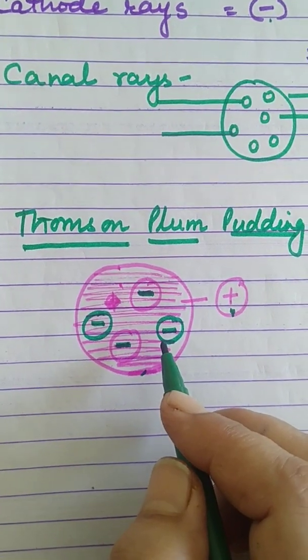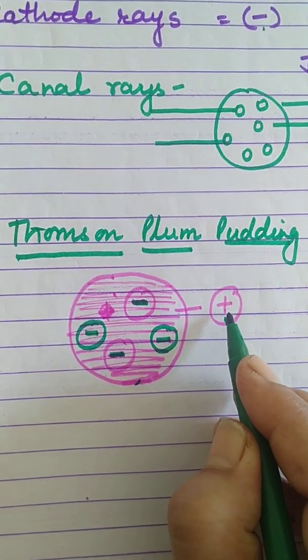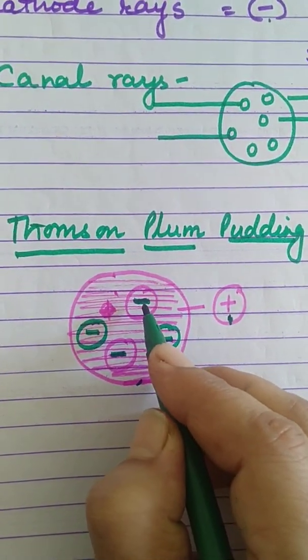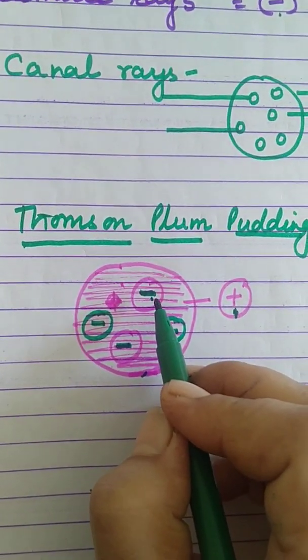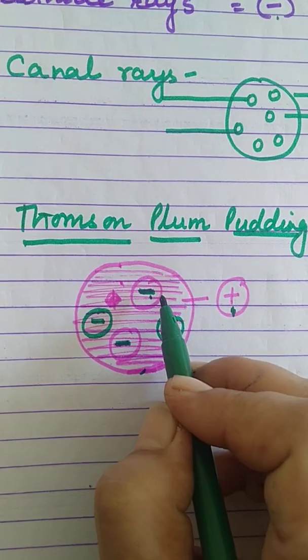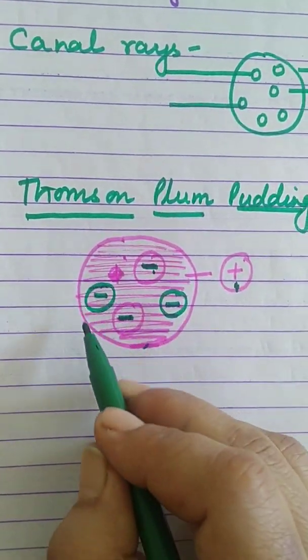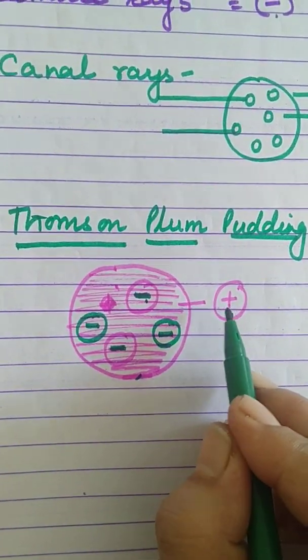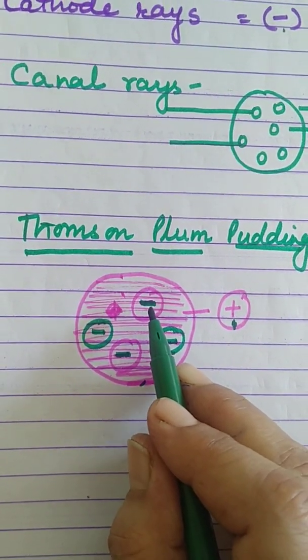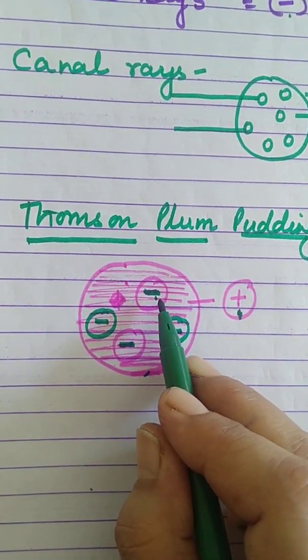So Thomson said that an atom consists of positive and negative charged protons and electrons, in which the whole area was positively charged and electrons were embedded in it.